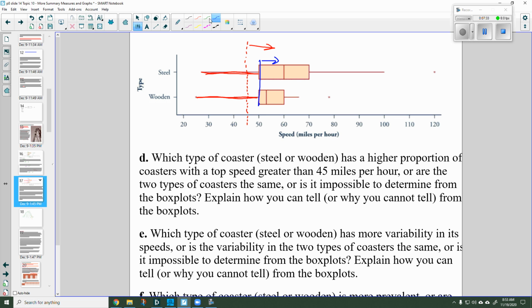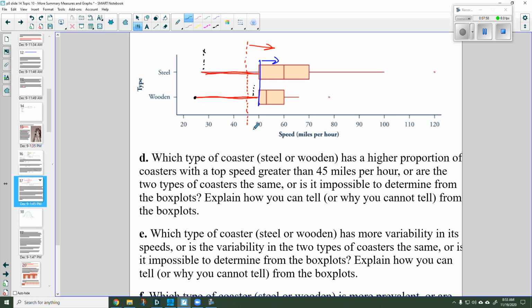But for example, on the steel roller coasters, for all I know, all the slow steel roller coasters might be all over here. And all the slower 25% wooden roller coasters, well, there could be one over here, but all the rest of them over here. I don't know how they are distributed within those 25%.